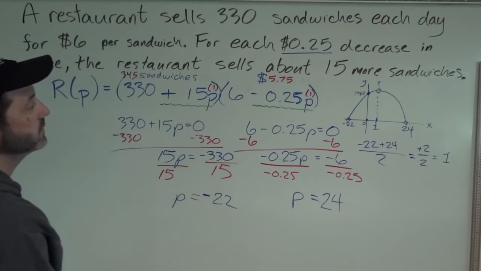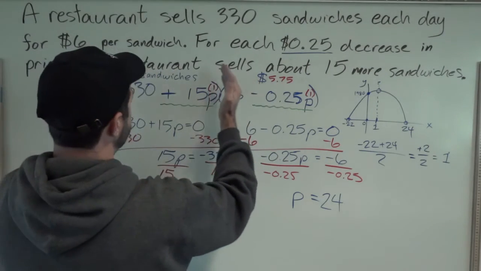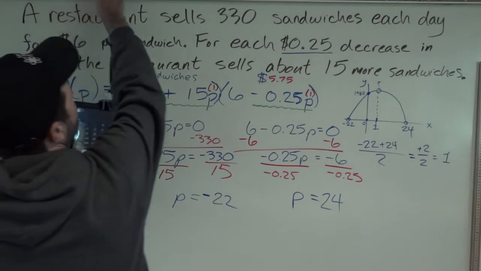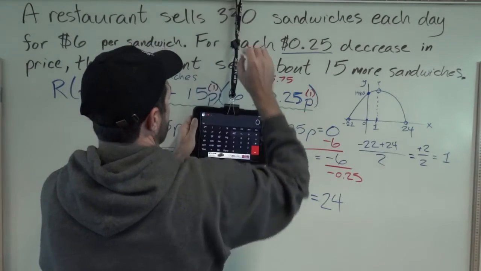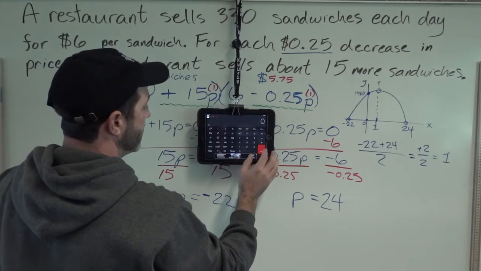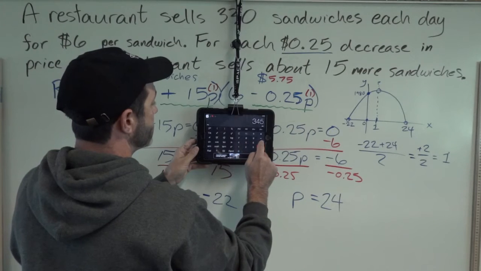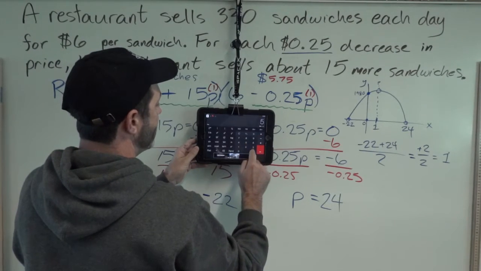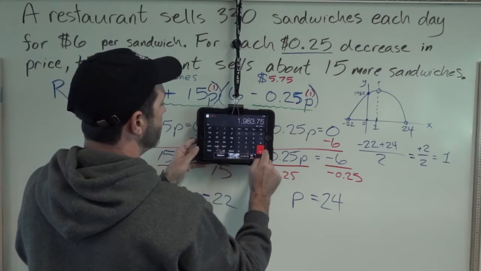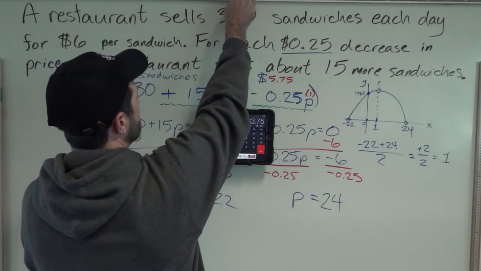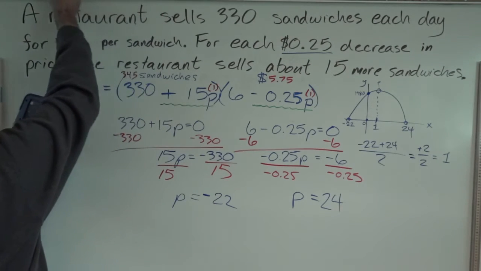What am I doing now? Well, it's the first factor, it's the sandwich factor times the money factor. So we can show that. That one's not so easy to do in your head. So I'll bring this in. And we'll say 345 sandwiches times $5.75 equals $1,983.75. Yeehaw. We now know how much to charge.